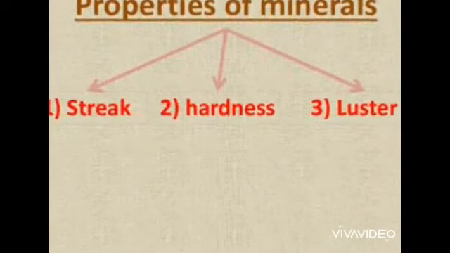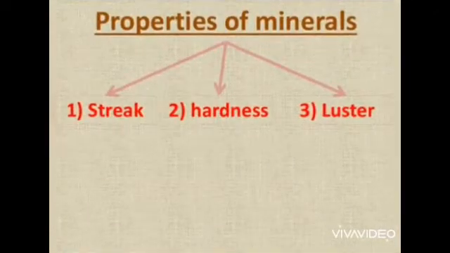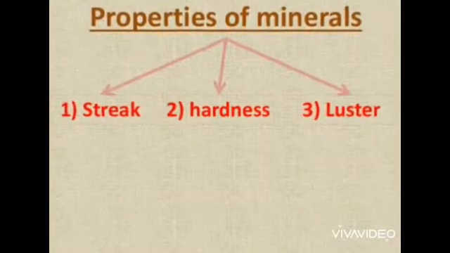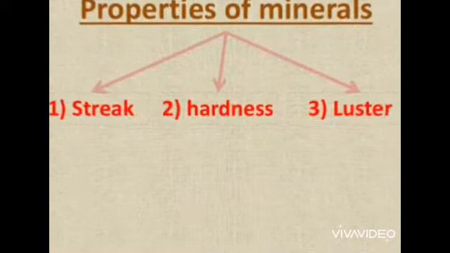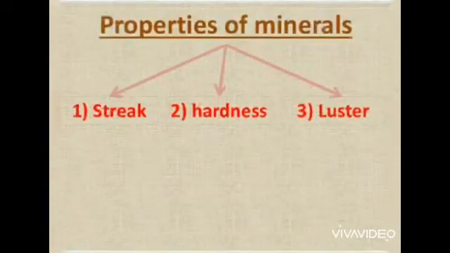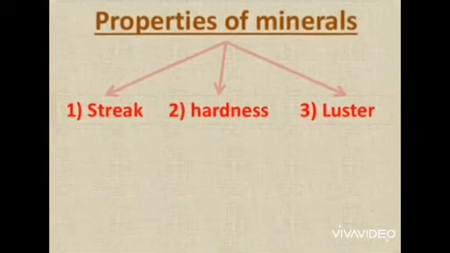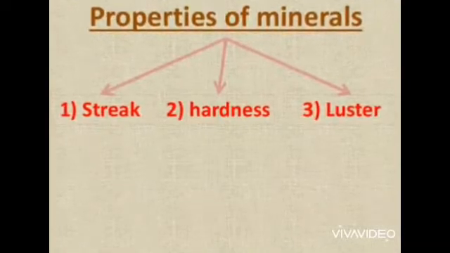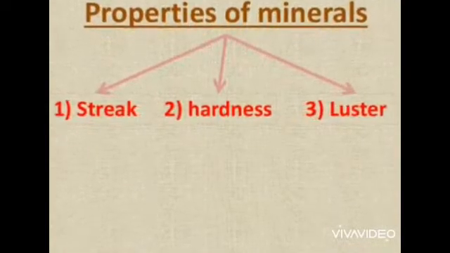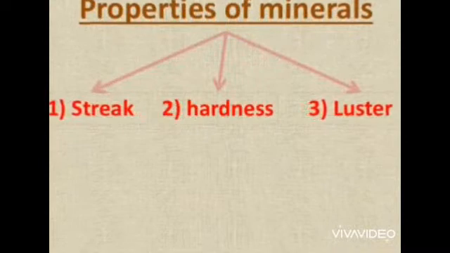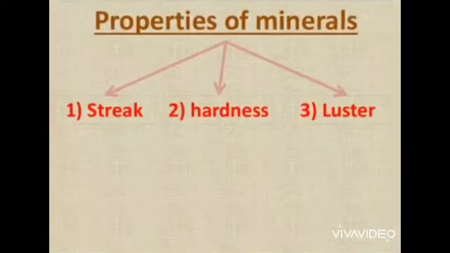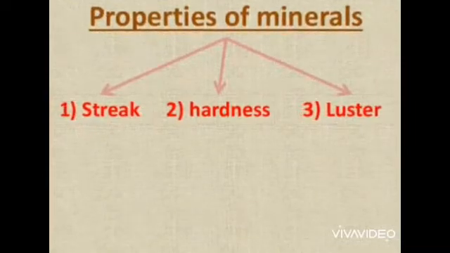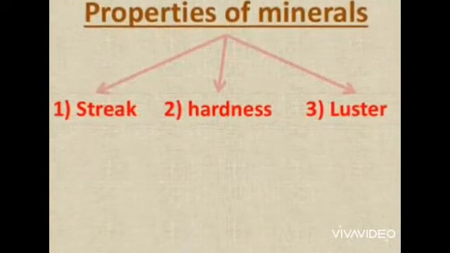It is the way the mineral reflects light from its surface. There are two types of luster. One is metallic luster, which is shiny, and the other is non-metallic luster, which is dull.